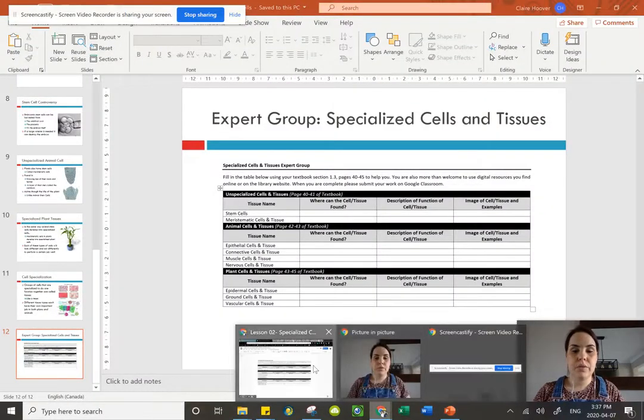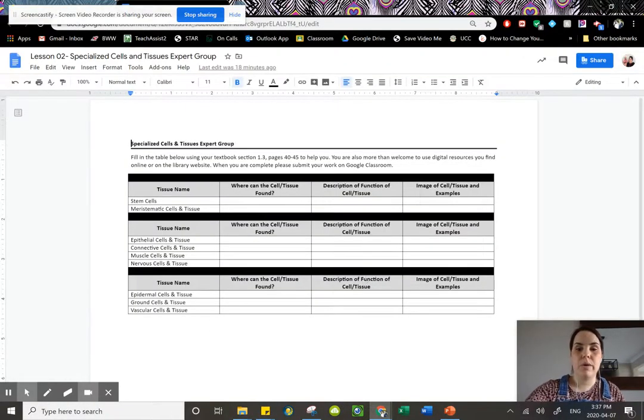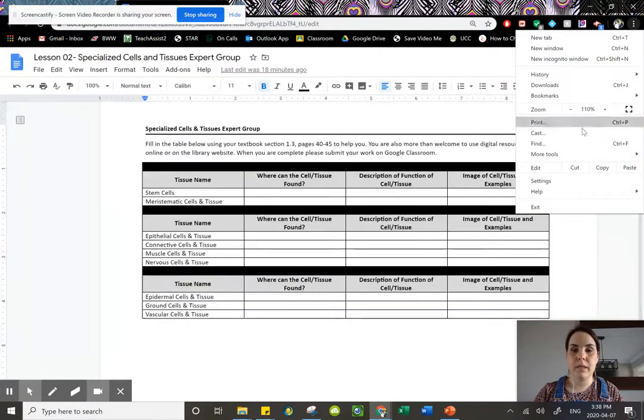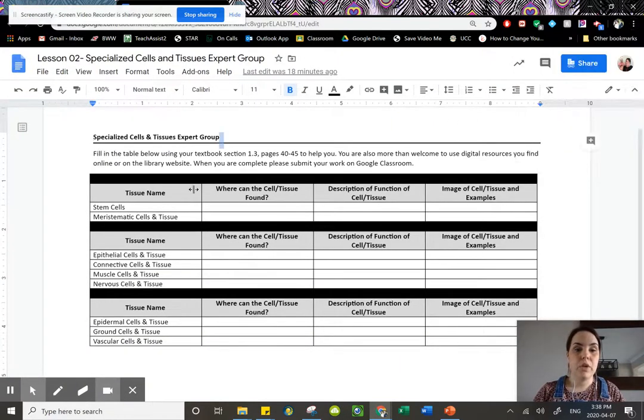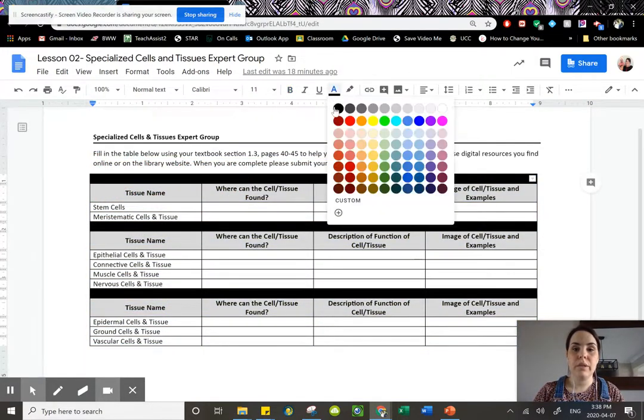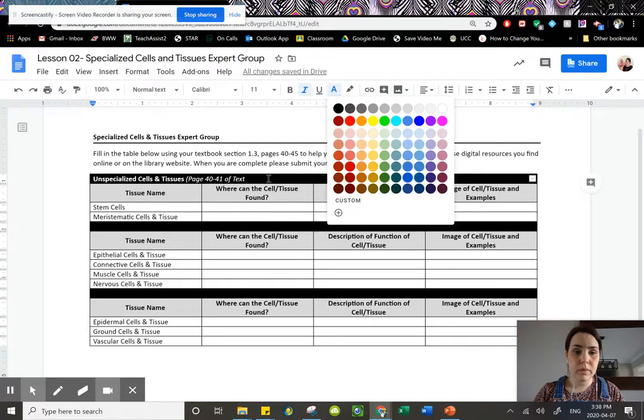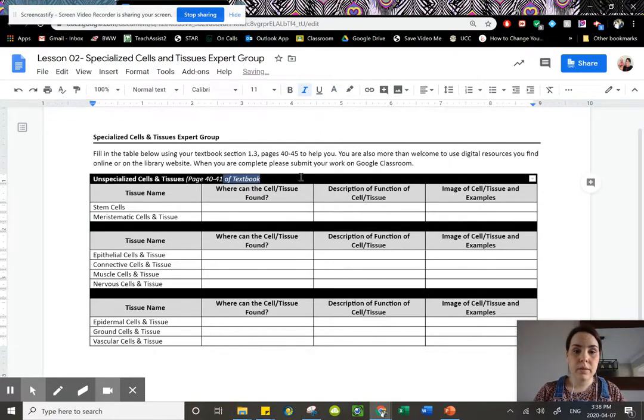So if you go to Classroom, you're going to see there is a form that you can work on right here. Zoom in a bit. You can see it? All right, so you're going to have a few jobs. It's divided into three. We have our unspecialized cells, which are covered on pages 40 to 41 of your textbook.